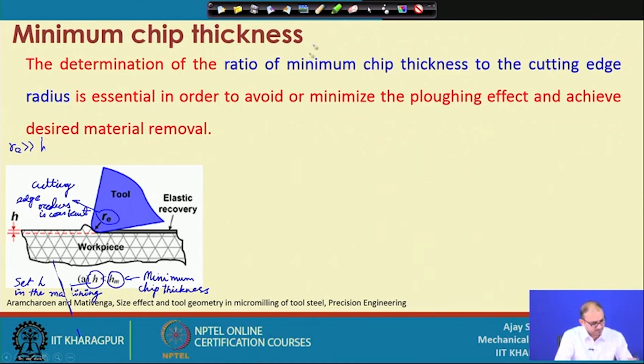So, in this case we know that the negative rake angle is very large again, and because of that this is called the rubbing operation, with elastic recovery.